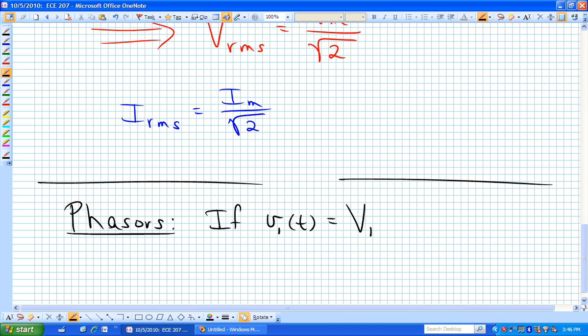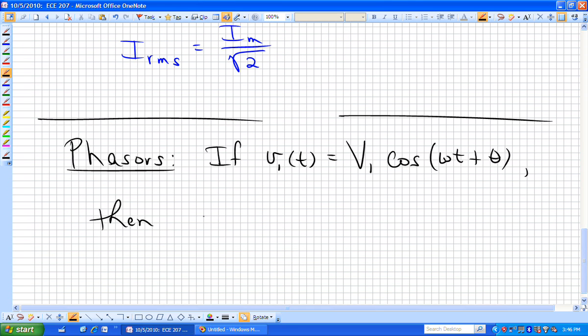If we have a voltage that's an amplitude v sub 1 cosine omega t plus theta, oh, now we're going to get excited, because now I'm actually going to bar one of these. That's not a hat, that's not a tilde, that's a bar. That's now the RMS value. Or, I'm sorry, that's the phasor. Oh, I'm really getting confused.